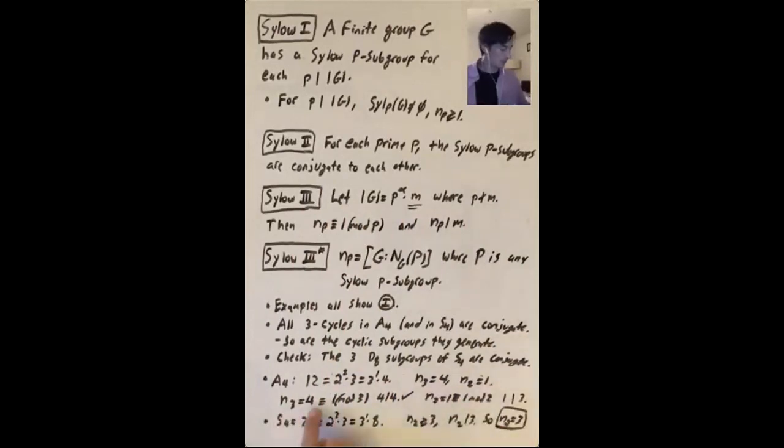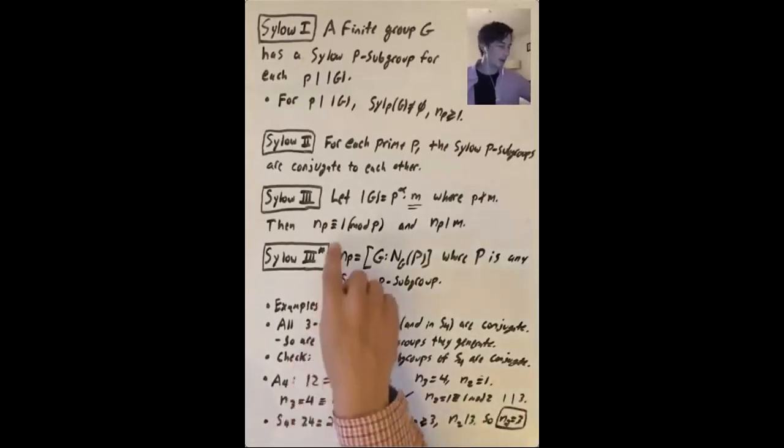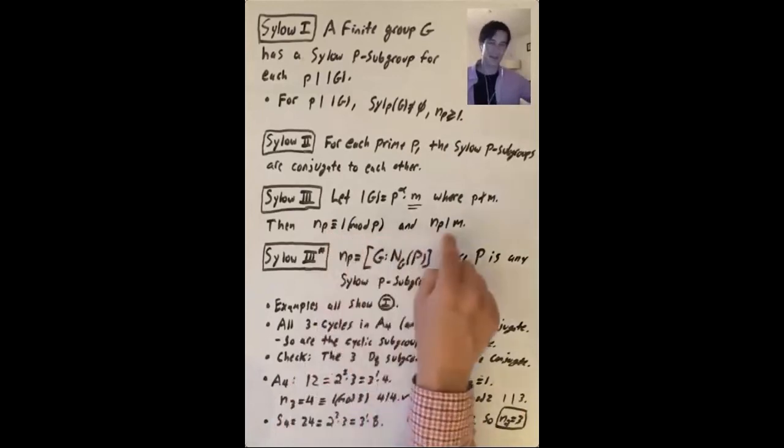So n_3 is equal to 4. That really is 1 mod 3. And 4 really does divide this leftover m, which is 4. Great. n_2 is equal to 1. 1 is congruent to 1 mod 2. And 1 divides this leftover part, which is 3. So when n_p is equal to 1, it's clear that this is going to be true.